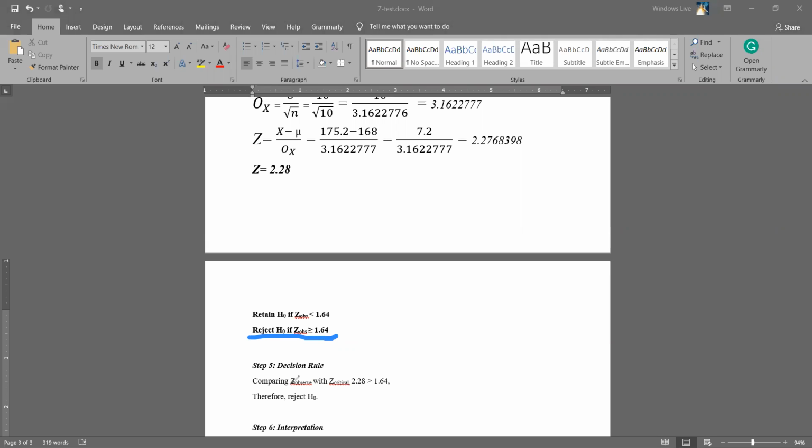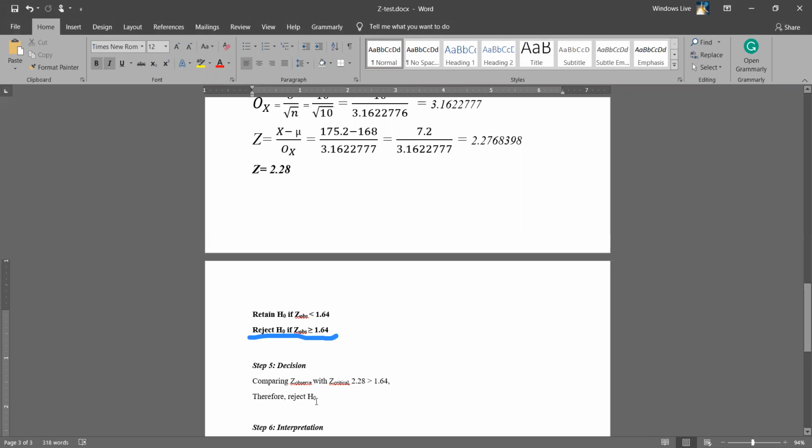So this is how you state your decision. Sorry, this is decision rather. So per the decision, when you compare z observed with z critical, you could see 2.28 is greater than 1.64.